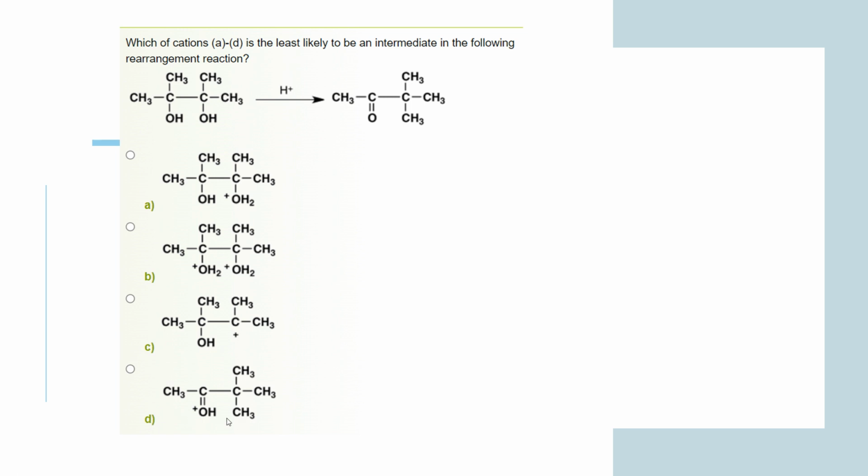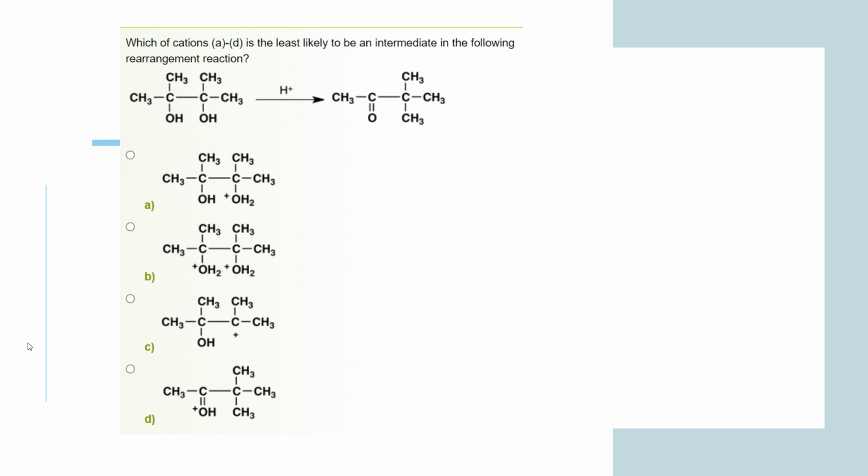So now we have figured out which is that intermediate that we did not come across in this pinacol pinacolone rearrangement reaction. It is option B. All other cations we came across, A, C, and D, we saw in the reaction medium. So you have to choose option B as the correct answer in this reaction.